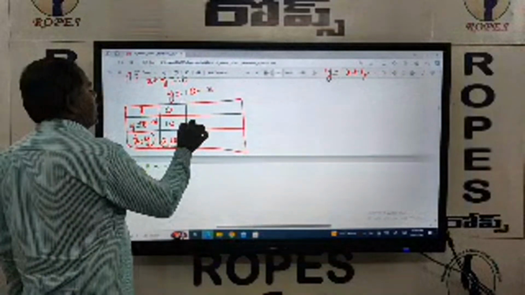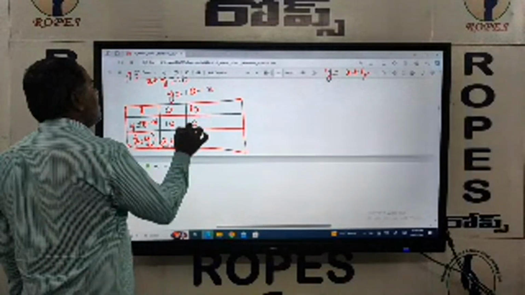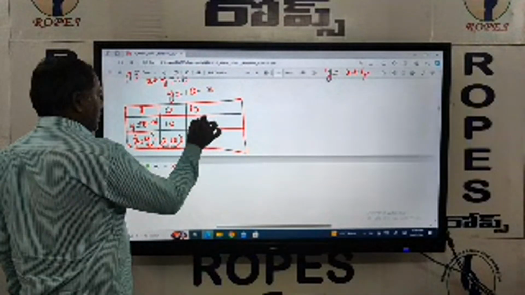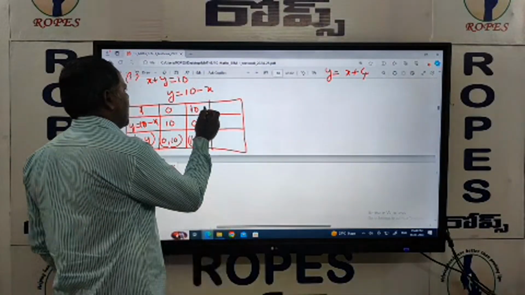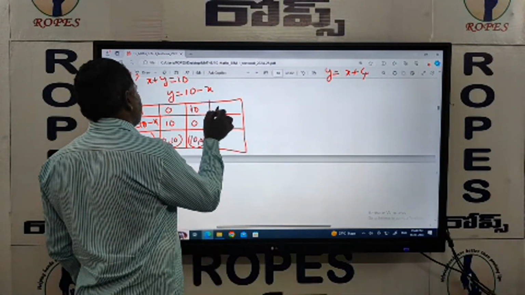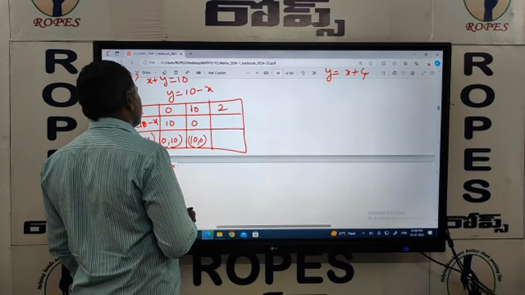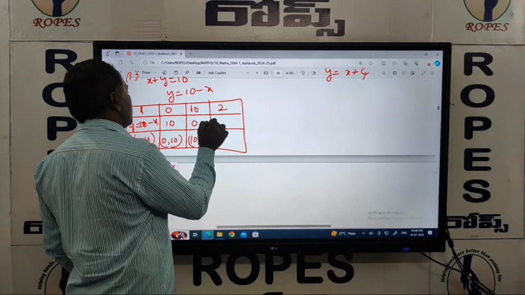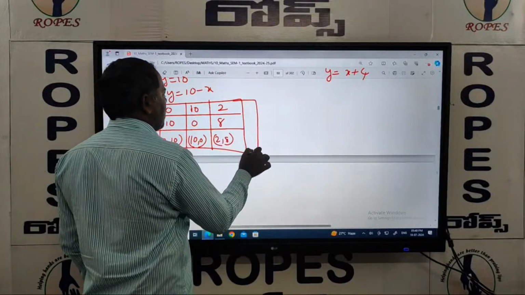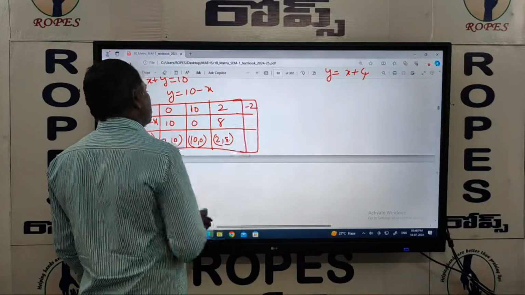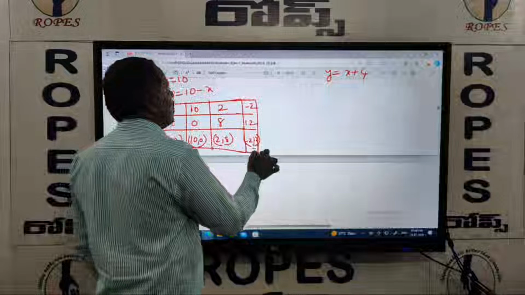If we take Y as 0, then X is equal to 10, so 10 comma 0. If we take X as 2, then Y is equal to 8, so 2 comma 8. If we take X as minus 2, then 10 plus 2 is 12, so minus 2 comma 12.